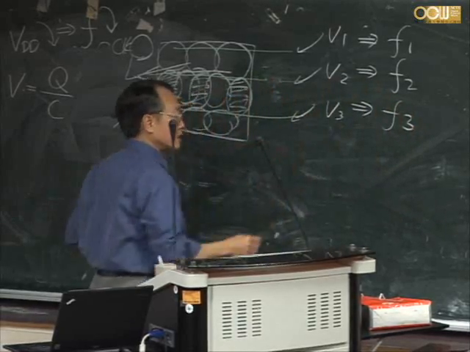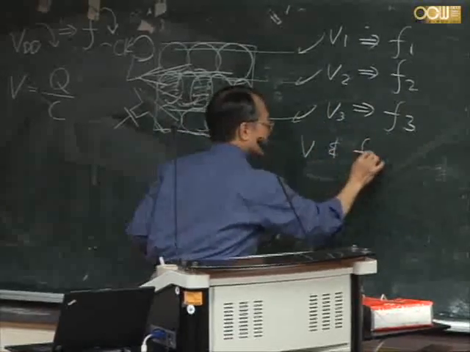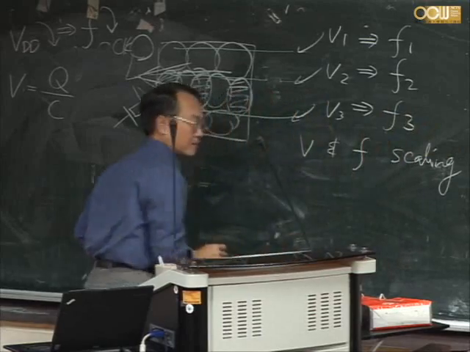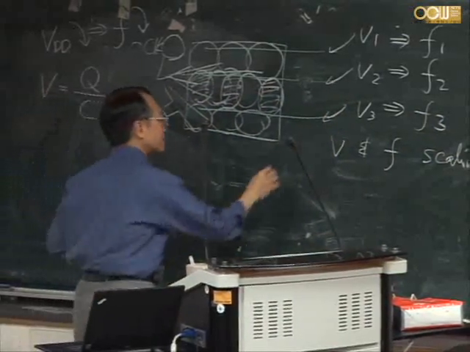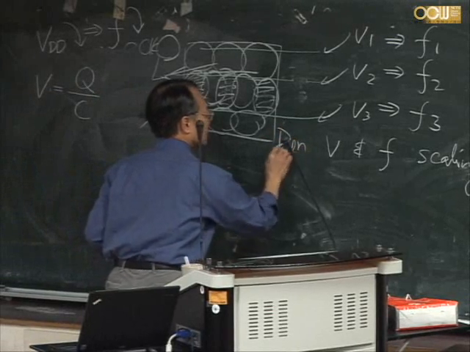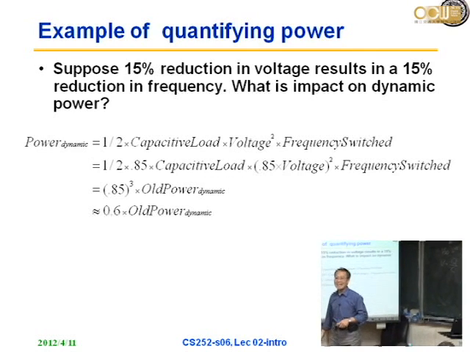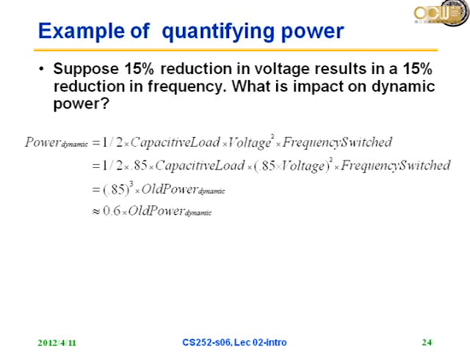In the meantime, that's the so-called voltage and frequency scaling. And this is often done dynamically. So that technique is called dynamic voltage and frequency scaling, DVFS. You should have heard of this term very often these days.